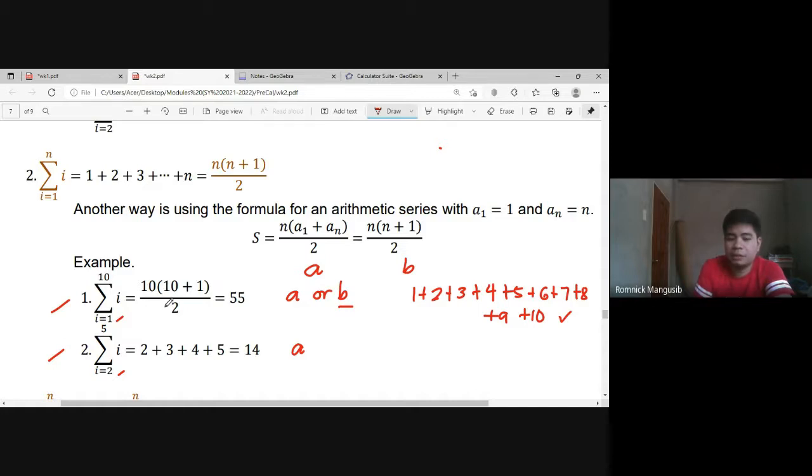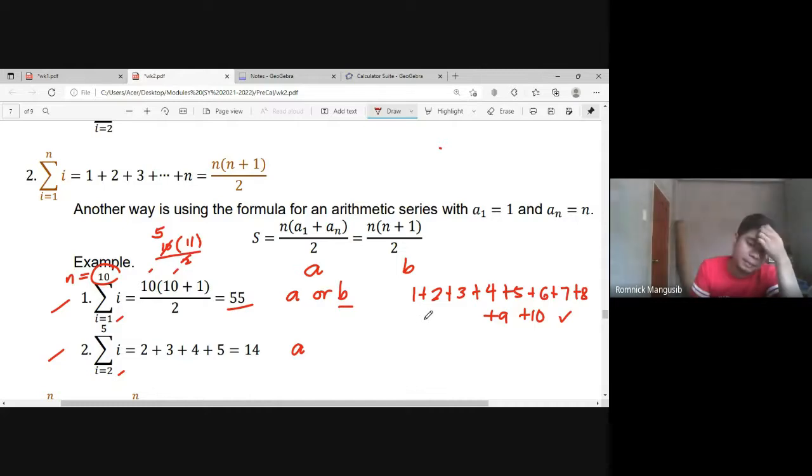So, i-substitute mo na lang, n is equal to 10, the maximum. So n plus 1 is 11. So 10 times 11 divided by 2. 10 and 2 divisible by 2, so I have 5. 5 times 11 is 55. So kapag i-add mo yung 1 up to 10, ang magiging sagot mo dyan is 55.